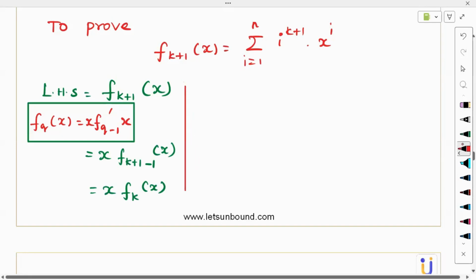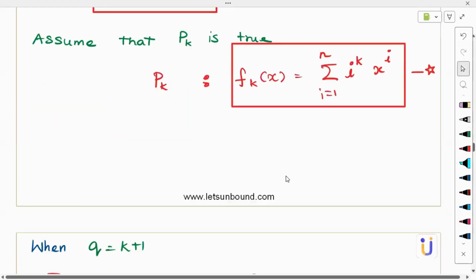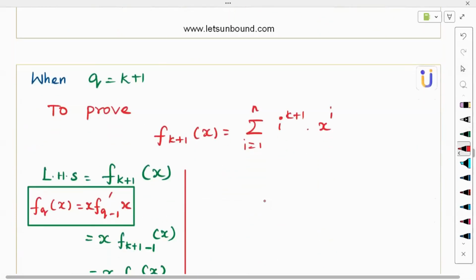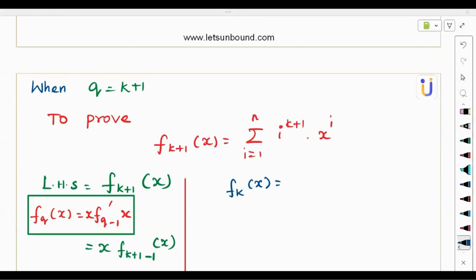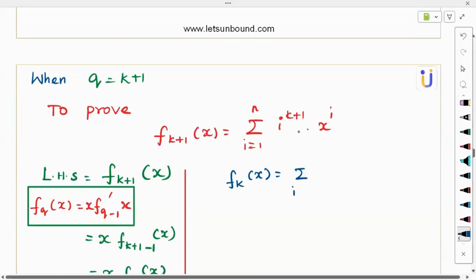And next part. LHS we have started as x into fk dash of x. Let's go with fk of x. We already defined it, it's not proven, but we have assumed it, so we can directly take it. Fk of x is equal to sigma i equals 1 to n, i power k, x power i.